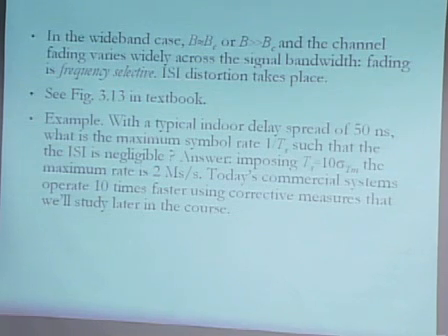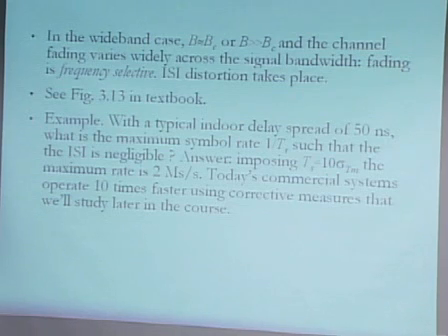So the question is whether it's easier to correct ISI than frequency selective fading. Well, they're one and the same, right? ISI is the time domain interpretation, and in the frequency domain that corresponds to frequency selective. So the way you compensate for that is using equalizers that just correct these distortions. So we'll see some of that later in the course.